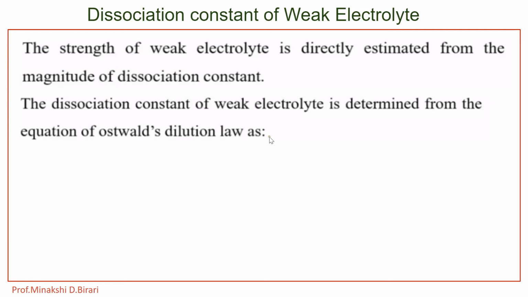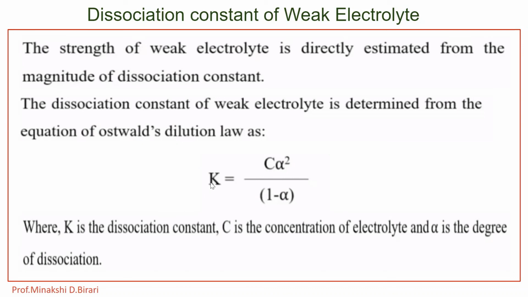That is K equals C alpha square divided by 1 minus alpha, where K is the dissociation constant, C is the concentration of electrolyte, and alpha is the degree of dissociation. So by using Kohlrausch's law, the dissociation constant of weak electrolyte can be calculated.